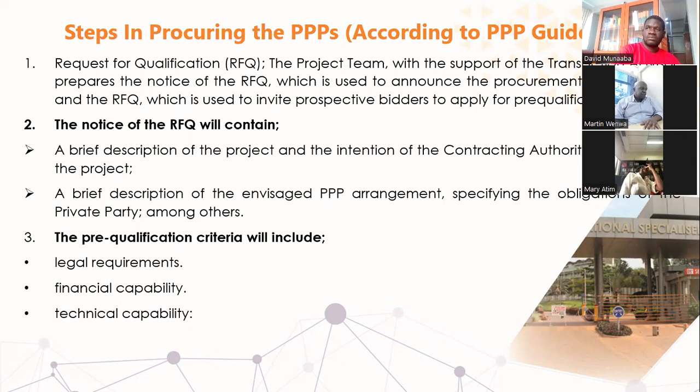The notice of the RFQ will contain a brief description of the project and the intent of the contracting authority to undertake the project, and a brief description of the envisaged PPP arrangement, specifying the obligations of the private party, among others. Number 3, the pre-qualification criteria will include legal requirements, financial capability, and technical capability.